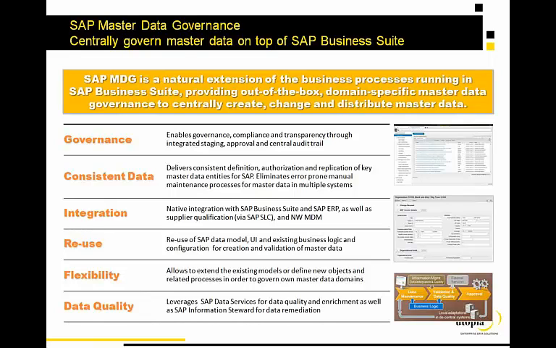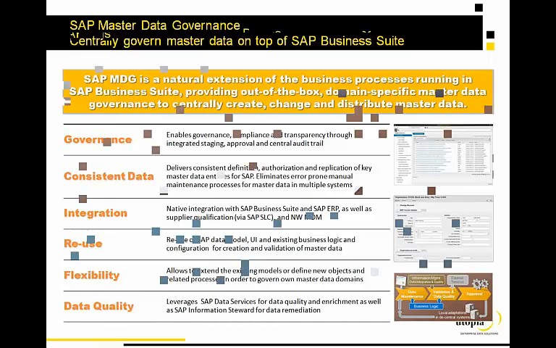MDG is part of SAP's Enterprise Information Management Solution Suite and is a very good flexible tool that addresses governance of any type of information, all in the SAP arena. It's process-oriented, configurable, and really being well received in the market as a means to get the data right and keep it right in your SAP environment.